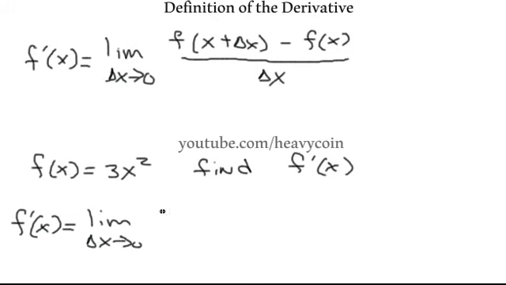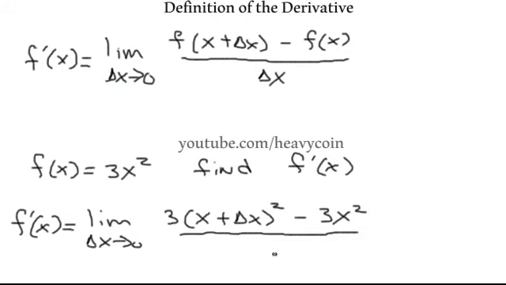Okay, so we're going to say 3 times x plus delta x squared, right? We're taking x plus delta x and plugging it into the function, minus f of x, which is 3x squared, and that's all over delta x.